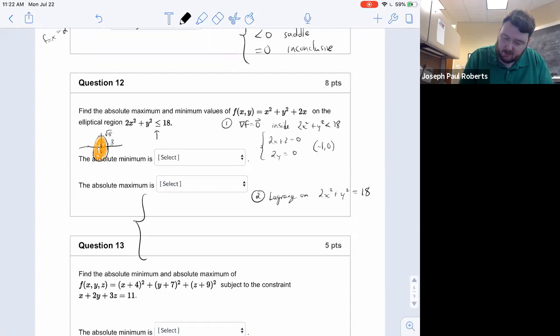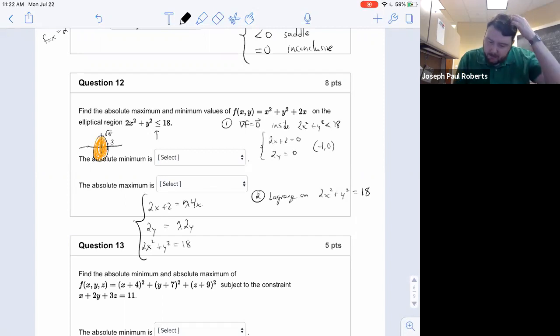As far as Lagrange goes on the boundary, it's 2x plus 2 is lambda 4x, 2y is lambda 2y, and then 2x squared plus y squared equals 18. The second equation, I like to deal with the simplest, tells me that lambda is 1 or y is 0.